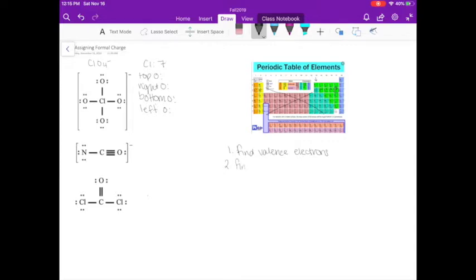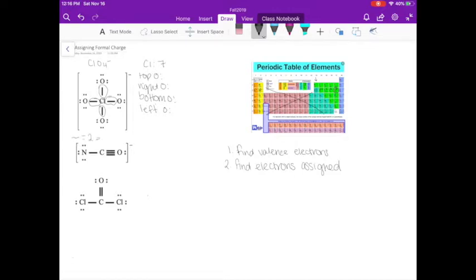Our next step is going to be to find the electrons assigned to the atom in the Lewis structure. So looking at chlorine, we see that it has no individual electrons assigned to it, but it does have 1, 2, 3, 4 bonds.